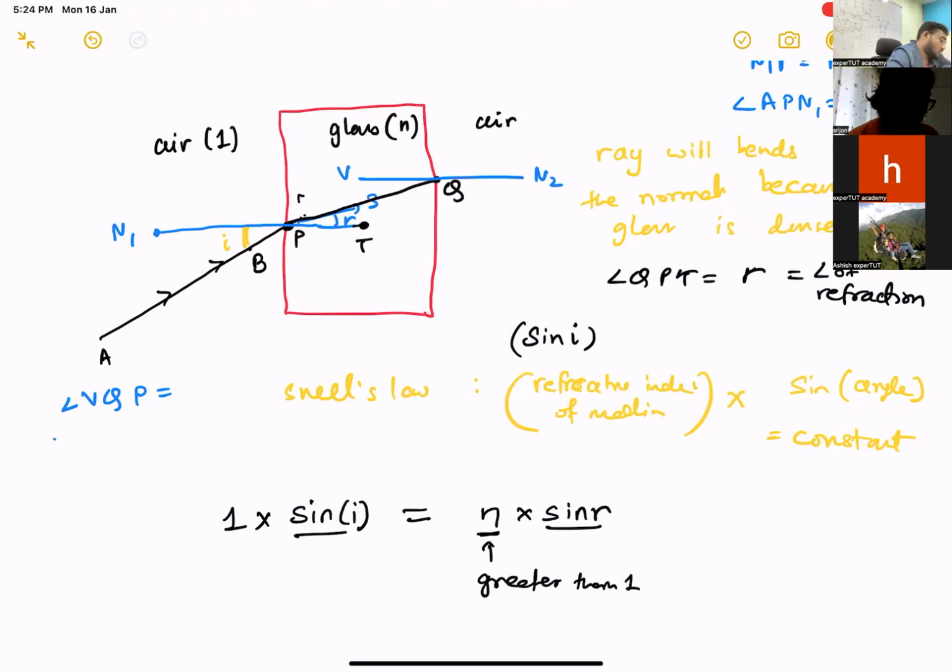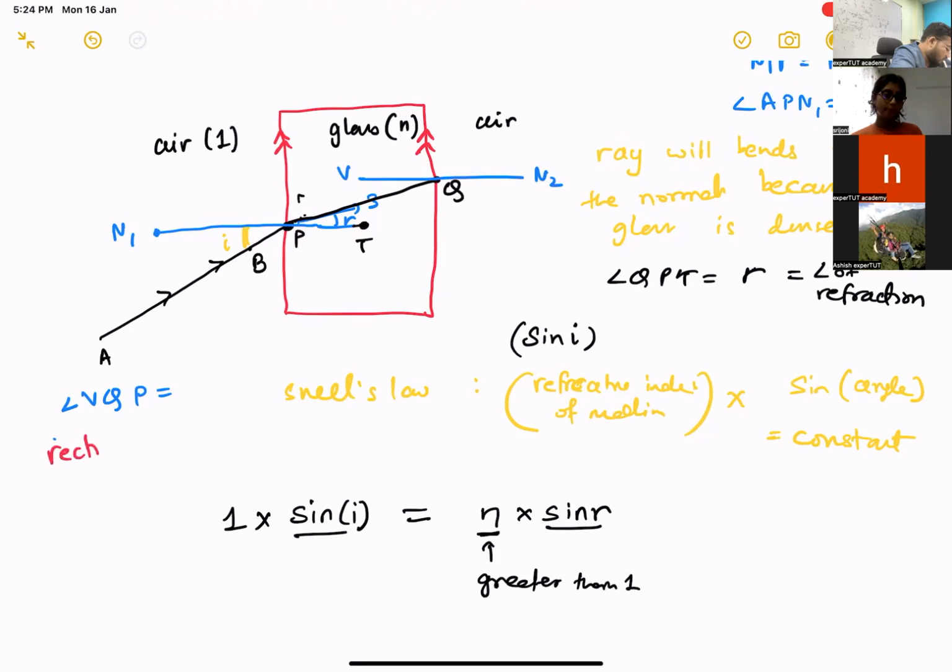Listen carefully. This is a rectangular glass slab, so this side is parallel to that side. Both the lines are parallel, right? If these two parallel lines are there, and n1 is the normal to one parallel line and n2 is the normal to the other, which two are parallel? n1 and n2.